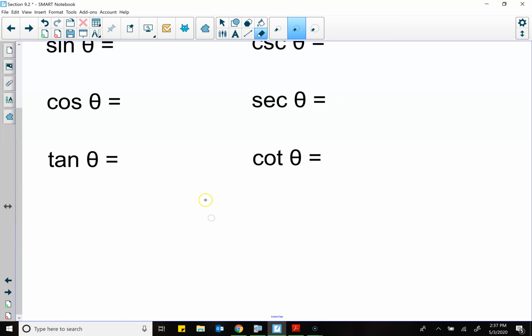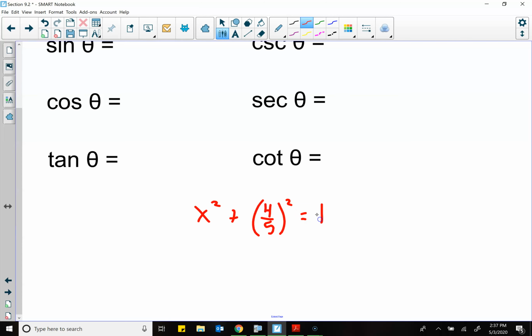So we know that we've got x squared plus my y, which is 4 over 5, squared equal to 1. Again, we want to be exact. No decimals. They do not want decimals. So 4/5 squared is 16 over 25 equal to 1.